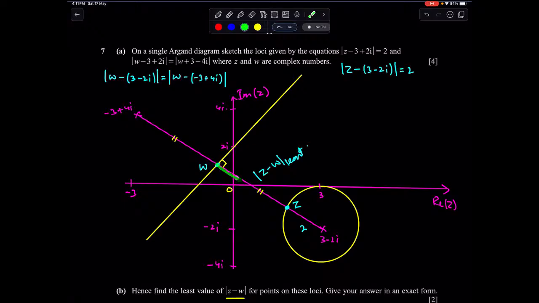So for this length, let me correct the scale.